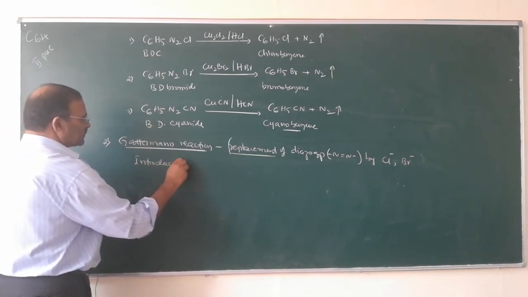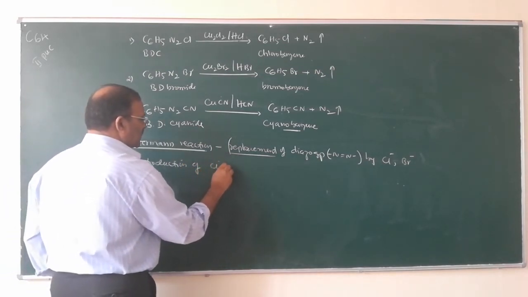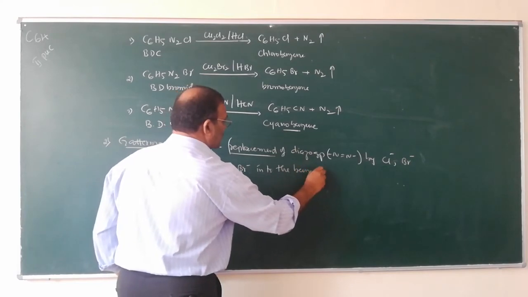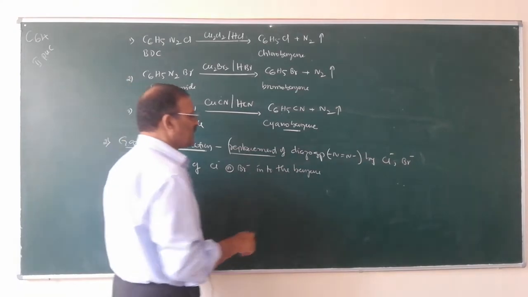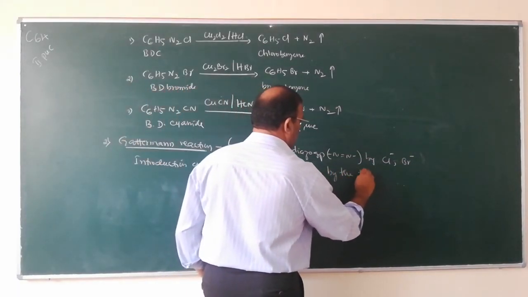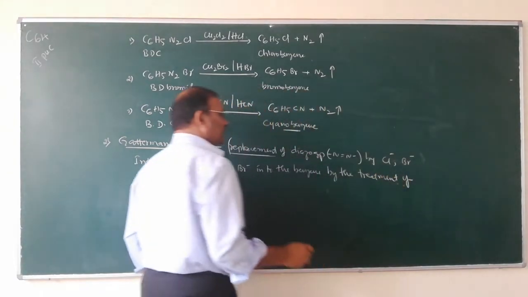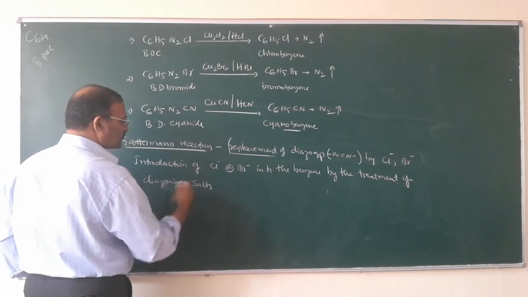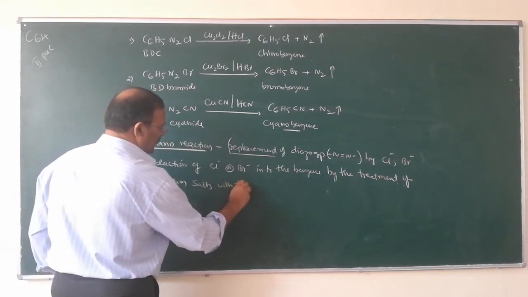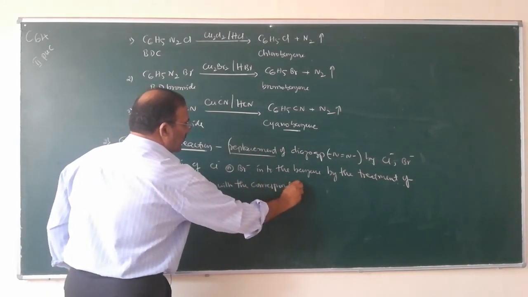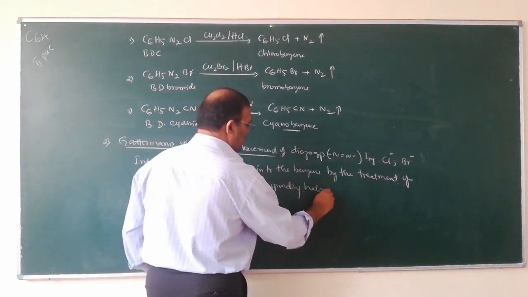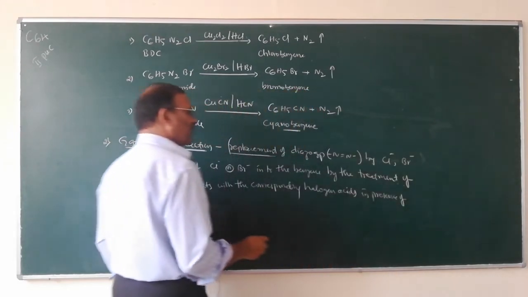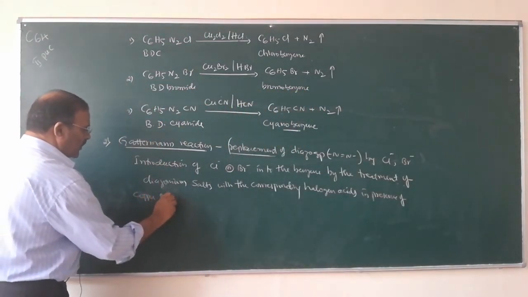Introduction of Cl minus or Br minus into the benzene ring, introduction of chlorine or bromine into the benzene ring by the treatment of diazonium salts with the corresponding halogen acids in presence of copper powder.